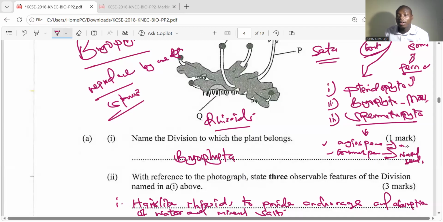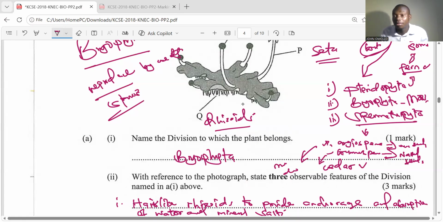Angiosperms have enclosed seeds. One example of a gymnosperm is cedar. Cedar has got naked seeds. Angiosperm is again divided into monocots and dicots. Are you getting that? That is how classification in this kingdom plantae happens.